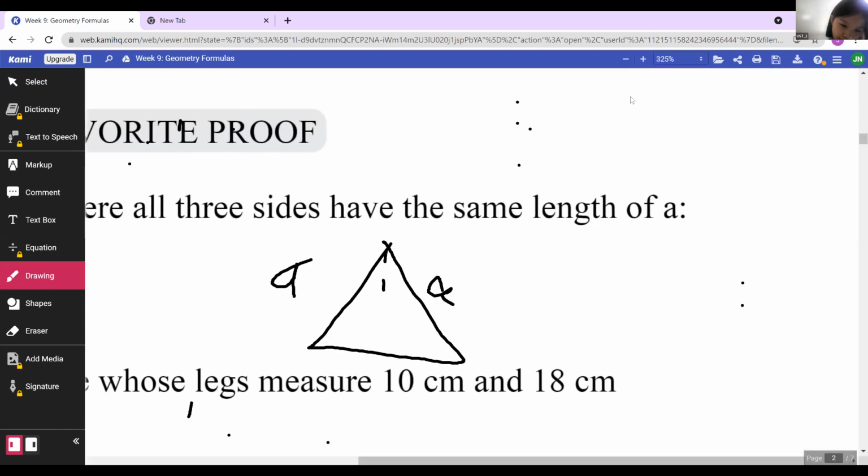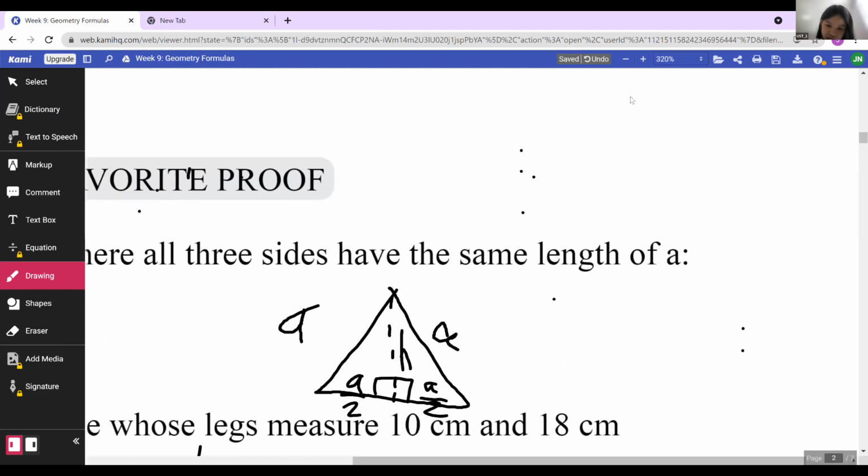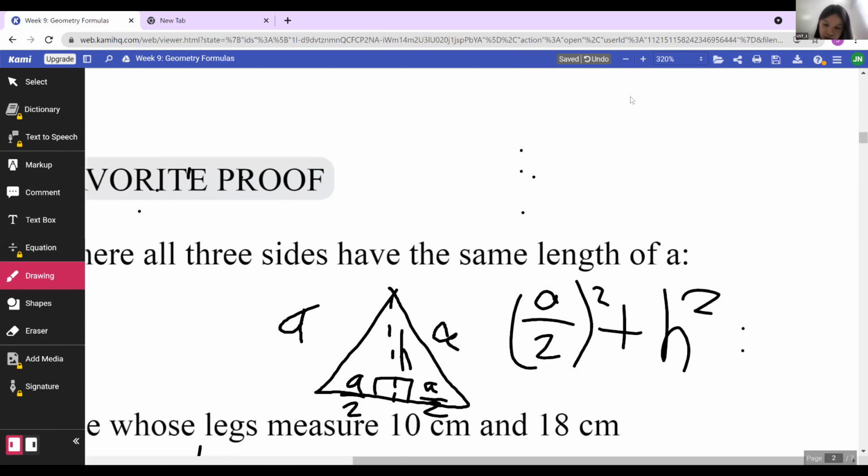So we will then draw an altitude to one side. This divides one of those sides into two halves, so it's A over 2 and A over 2. Then to get the height, we can use the Pythagorean theorem, which we just learned. So that means that (A over 2) squared plus h squared is equal to A squared.